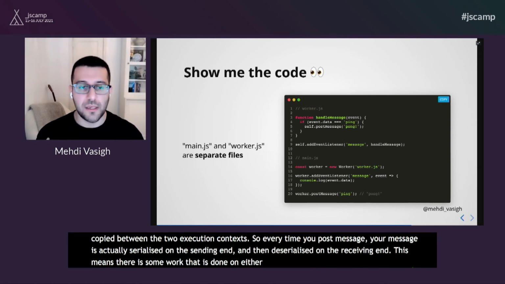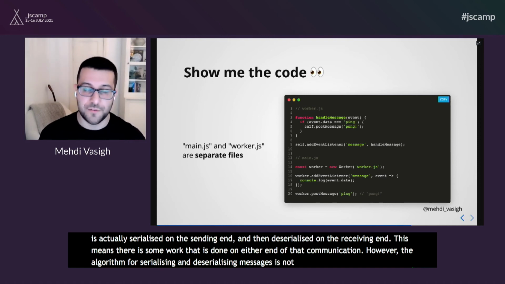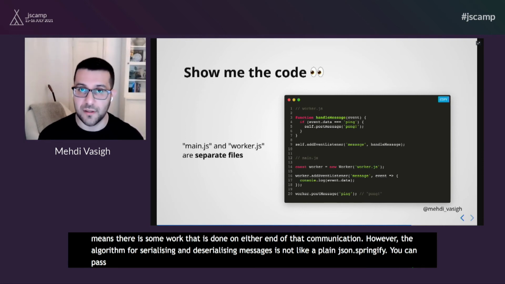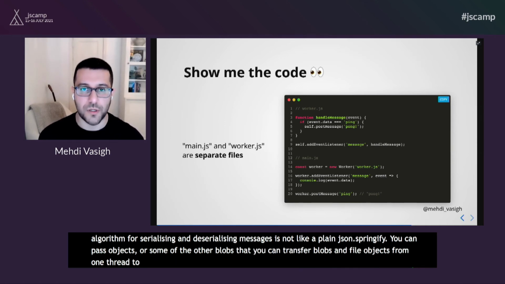However, the algorithm for serializing and deserializing messages is not just a plain JSON.stringify. You can pass different types of objects, such as regular expression objects. You can transfer blobs and file objects from one thread to another. So you do have some more complex types that you can postMessage back and forth.